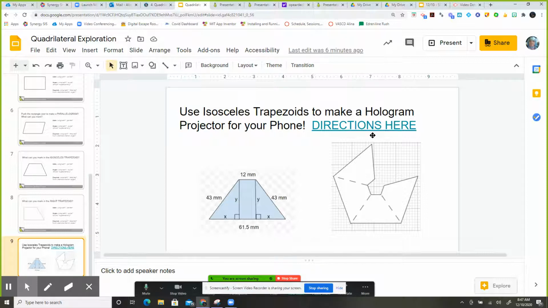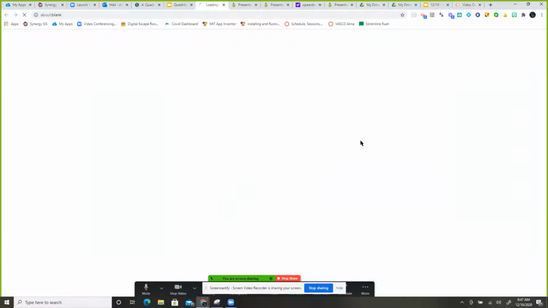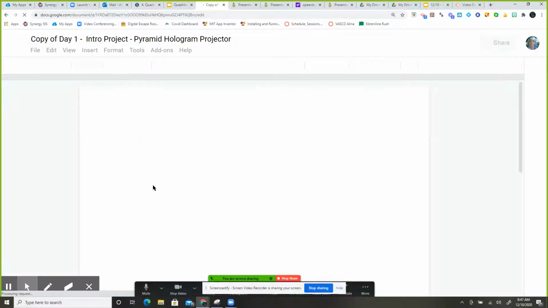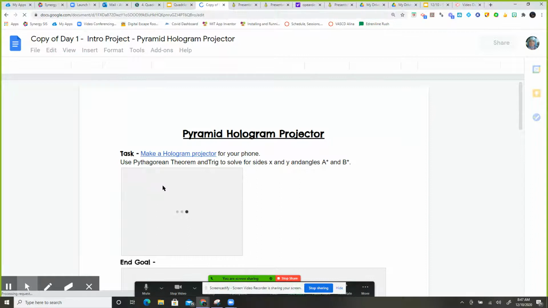So more directions in here. If you go to the link, hopefully the link works. It'll force you to make a copy. So make a copy and it should open. This gives you some directions on how to make it in more detail, right?